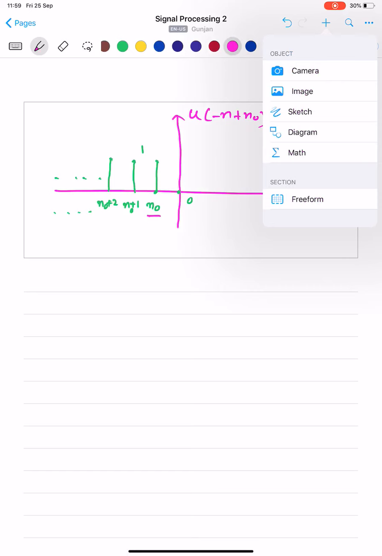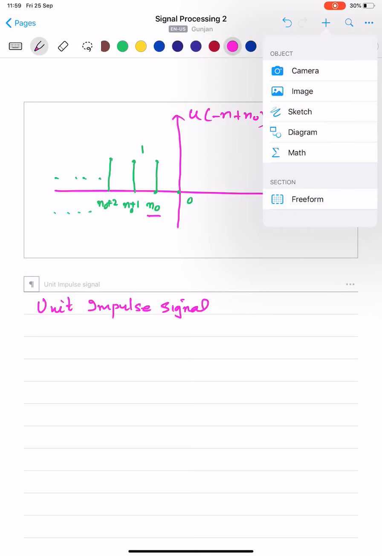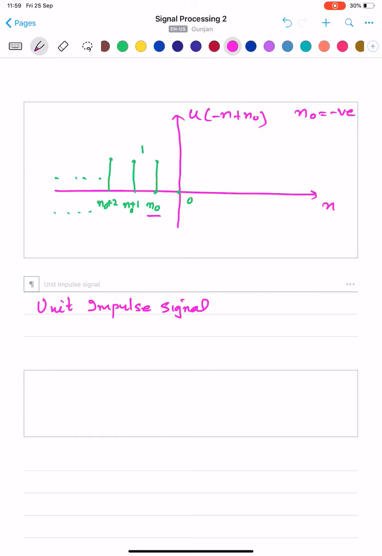The next important signal which we are going to use is the unit impulse signal or function, and it is defined as delta n equals 1 for n equals 0 and 0 else.